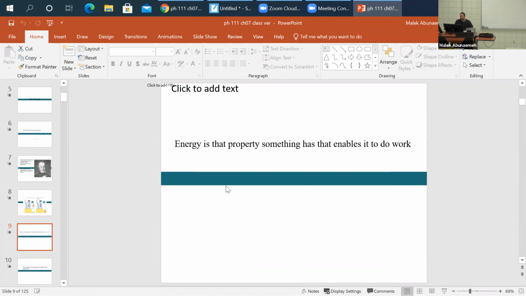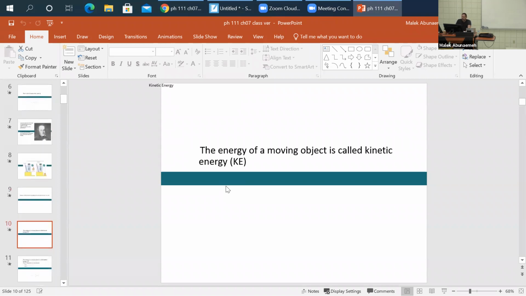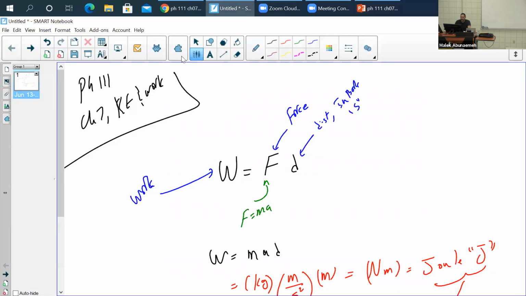So that brings us to the definition of energy. Energy is the property something has that enables it to do work. So if you have more energy, you can do more work. The energy of a moving object is called your kinetic energy. We give it two letters, KE. That's why I wrote down earlier kinetic energy and work, I put KE.